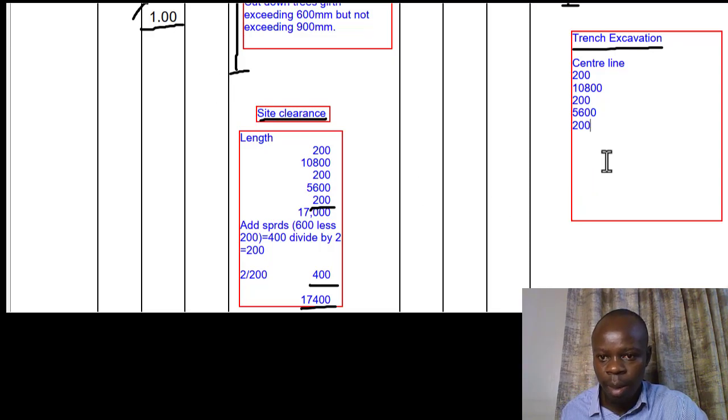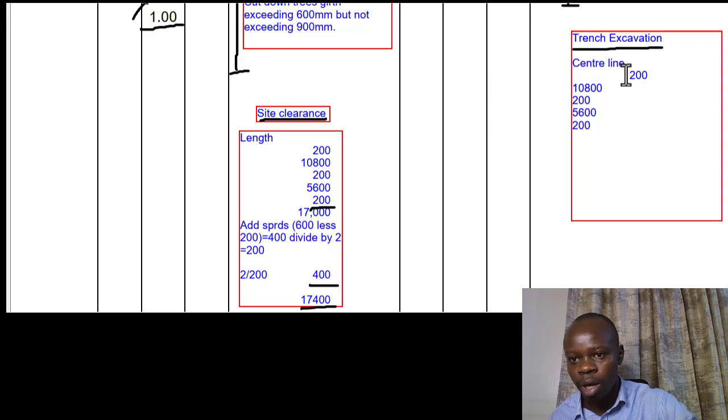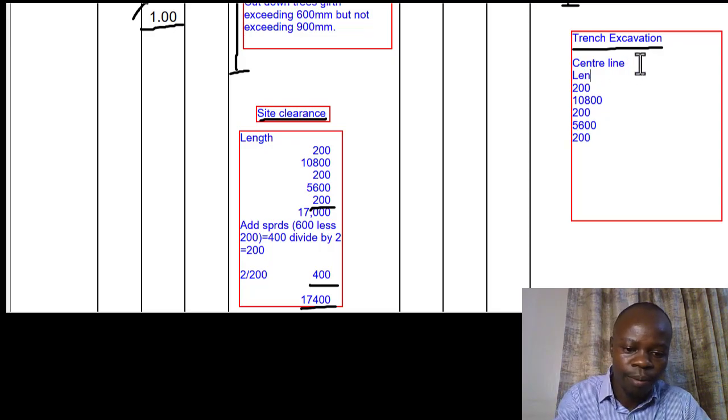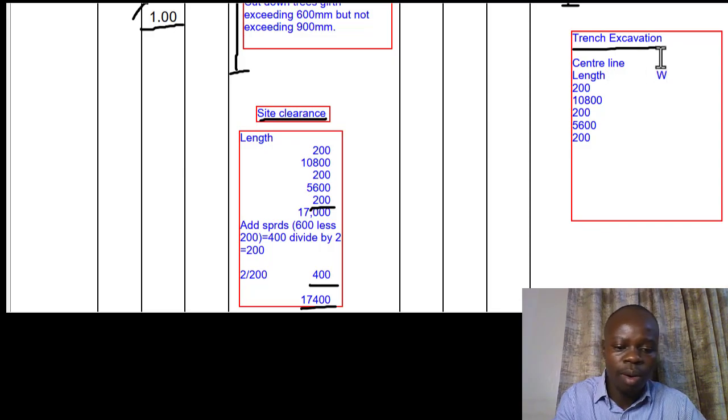So those are the dimensions that you're going to have, and of course remember to arrange your work in a way that if you've decided to push all the dimensions to one side, I would like us to use the length on one side and then the width on the other side. So this is supposed to be our length, and then on the other side we do our width.